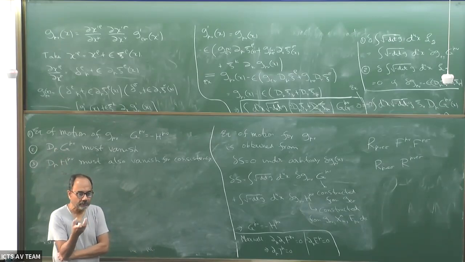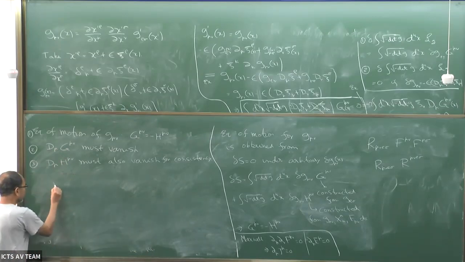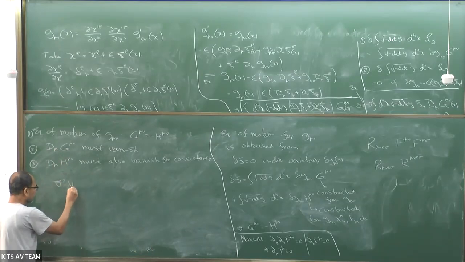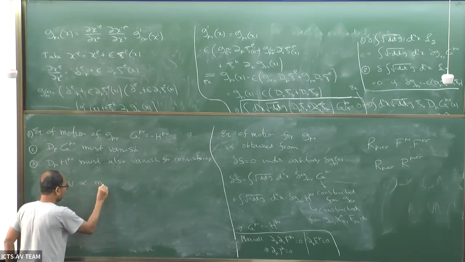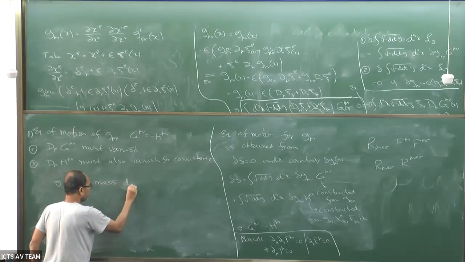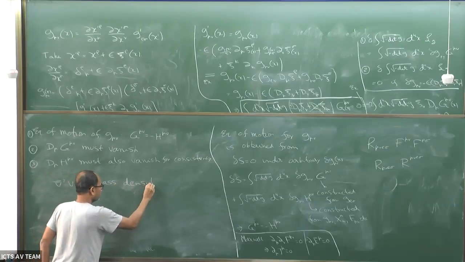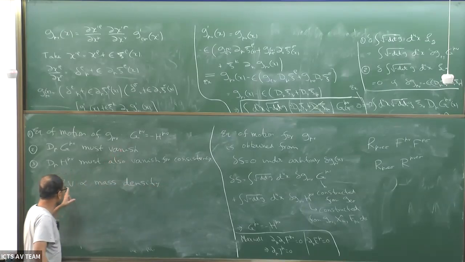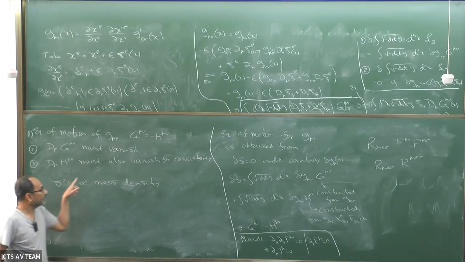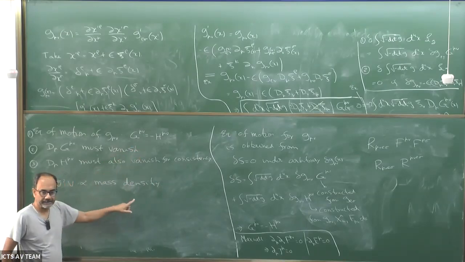Newton's law for gravity basically is this: the gravitational potential is proportional to mass density. So the left hand side G mu nu should have something to do with the gravitational field, and the right hand side should have something to do with the mass density. This is the source, and this is the gravitational field.